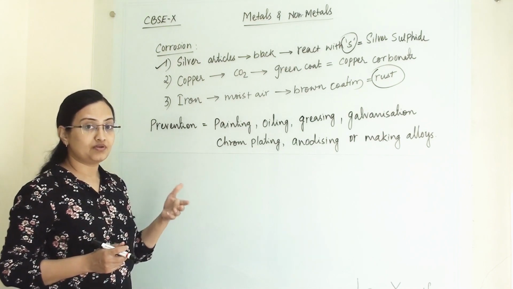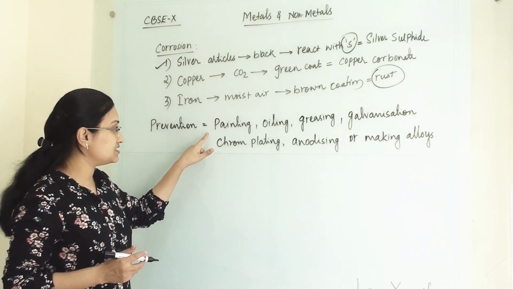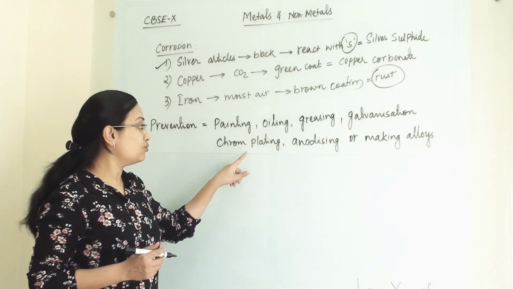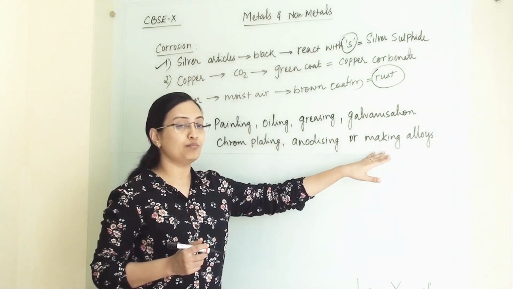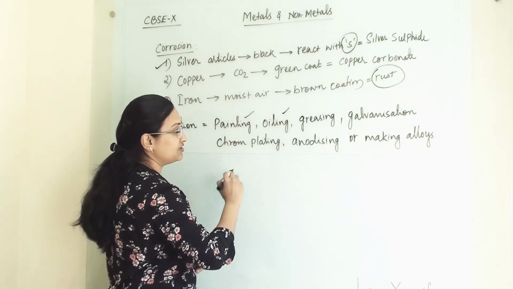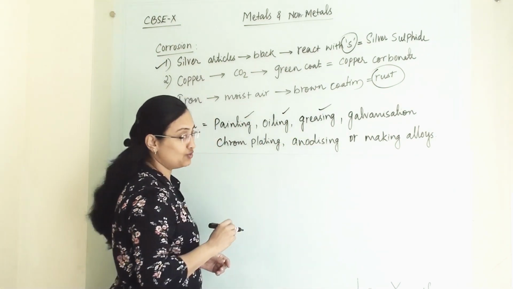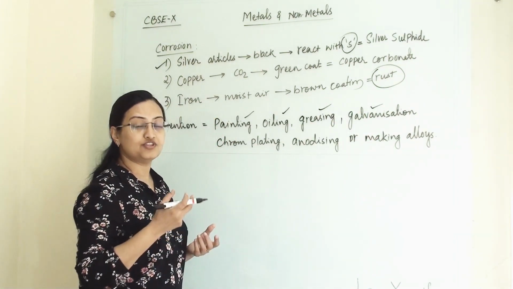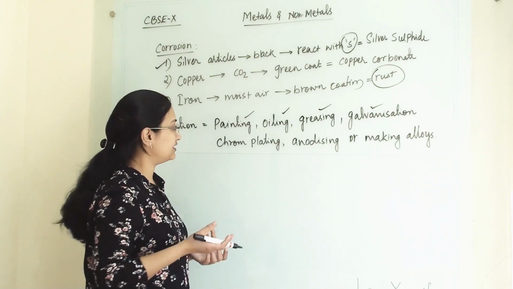Now, how can we prevent it? We can prevent it by painting, oiling, greasing, galvanization, chrome plating, anodizing, or making alloys. We are very familiar with these. Galvanization is coating with zinc, which we do with the help of an electrolytic process.